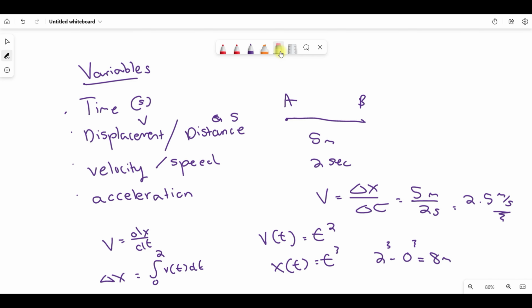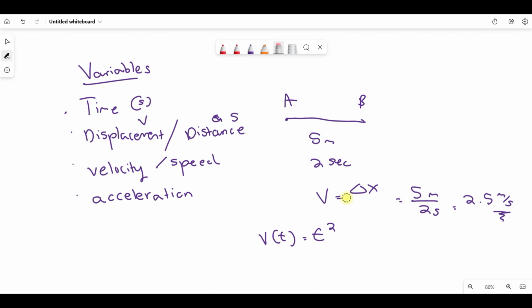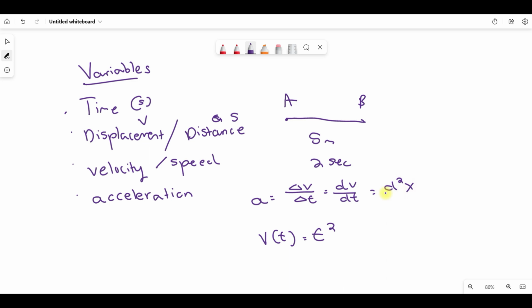The last very important variable before we get to practice problems is acceleration. Acceleration is your change in velocity over change in time, commonly denoted in calculus as the time derivative of velocity, or the second derivative of position.